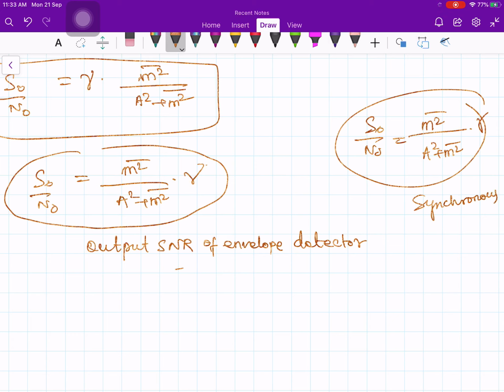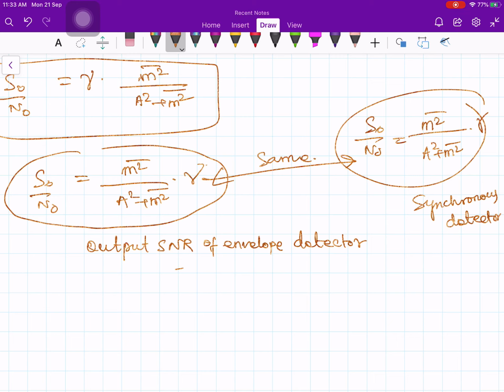But there is a very, very important difference between these two. Even though the expression is the same, here in this envelope detector and the synchronous demodulator, the output SNR is exactly the same. There is no difference. But there is one small important difference.